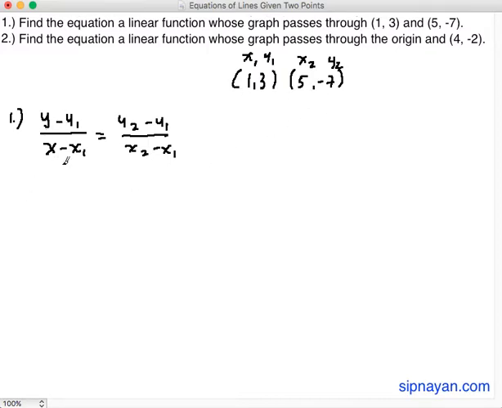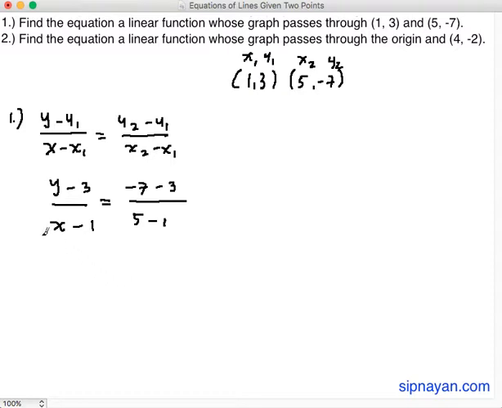So, isa-substitute lang natin yan. We have y minus, anong y sub 1 natin dito? We have 3. Over x minus, ano yung x sub 1 natin? 1 is equal to y sub 2, which is negative 7, minus y sub 1, which is 3, over x sub 2, which is 5, minus x sub 1, which is 1.